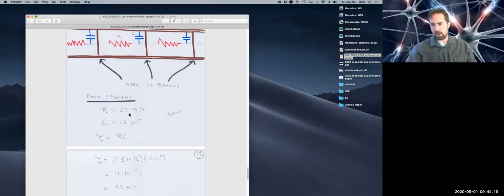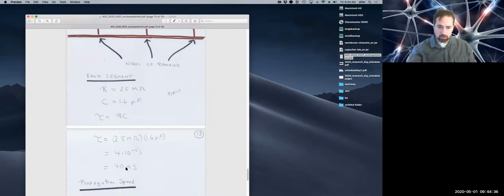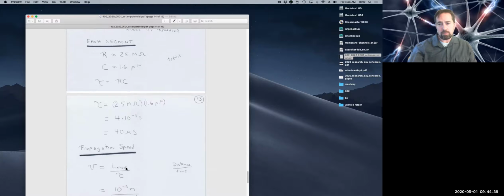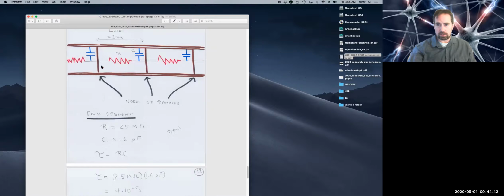Or I'm sorry, not the propagation speed, I'm getting ahead of myself. The time constant, the characteristic time of each one of these bundles, which is about 1 millimeter in length, is 40 microseconds. That's how long this thing takes to fire and recuperate.